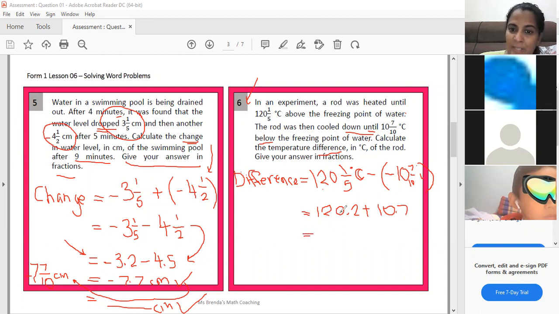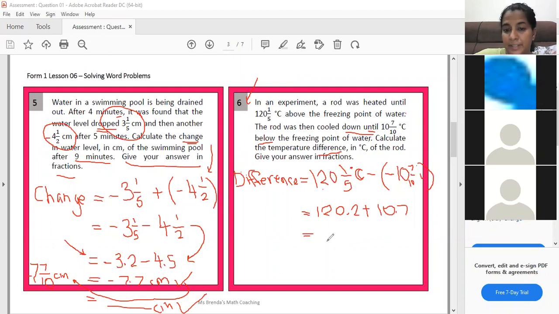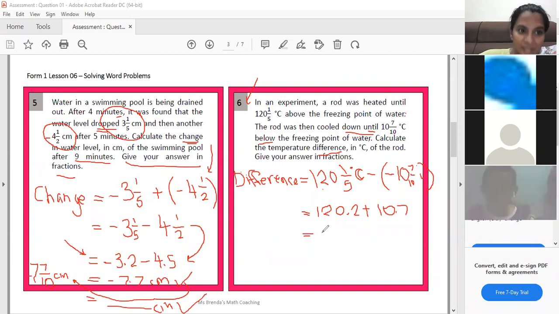First, as a decimal, 120.2 plus 10.7. Can I have your answer first as decimal in chat? Put your answers as a decimal first in the chat. Don't tell it out, everybody can hear. So chat as a direct message. Yes, Danya, that's right.